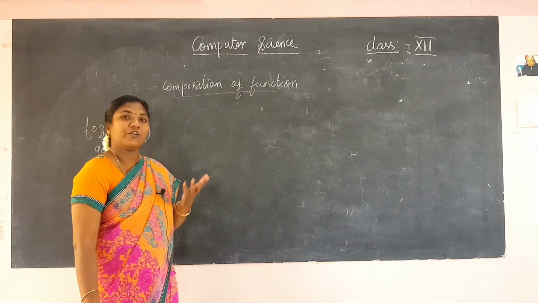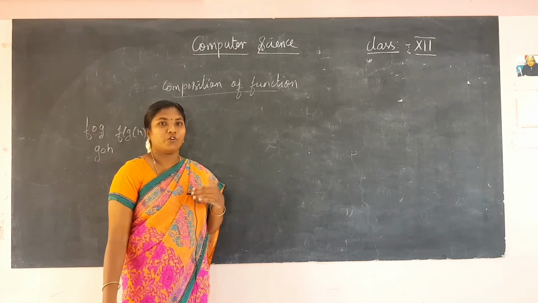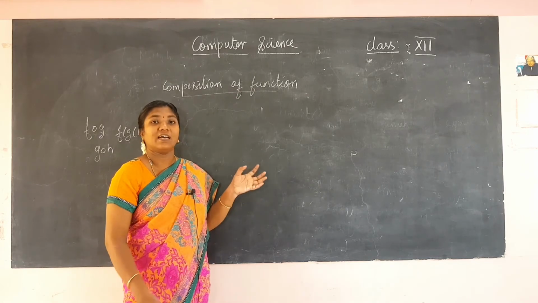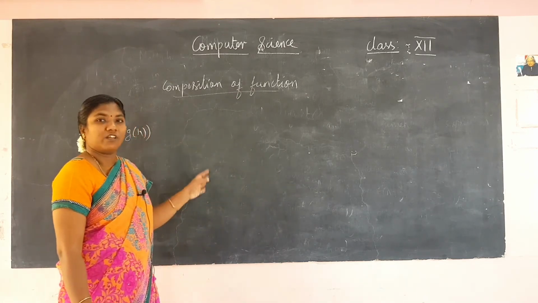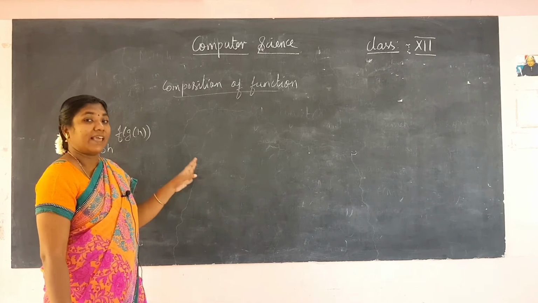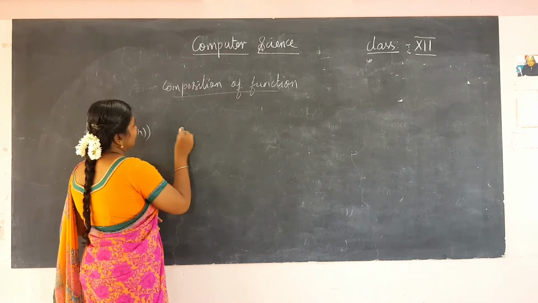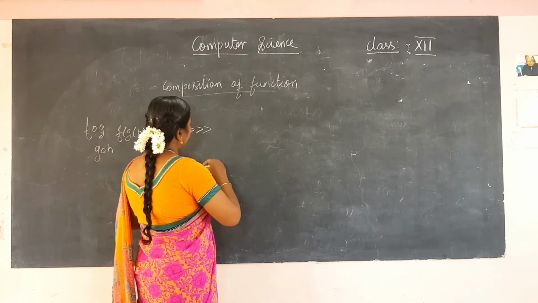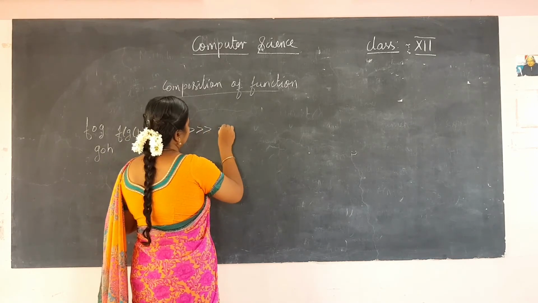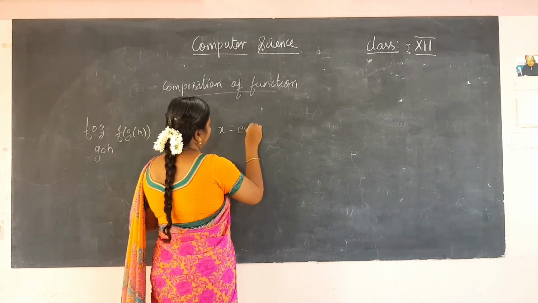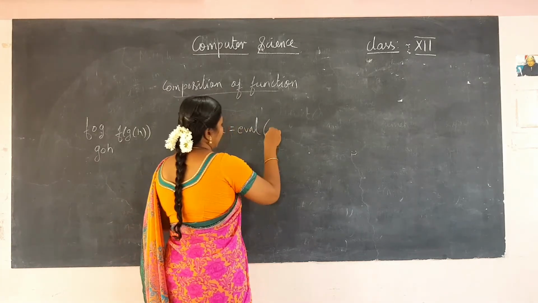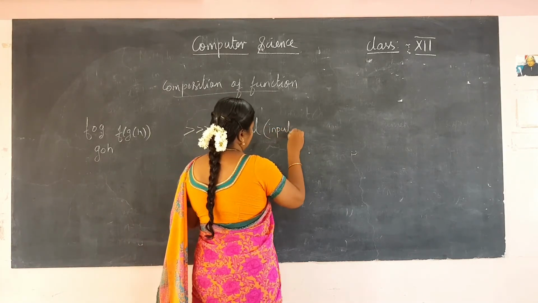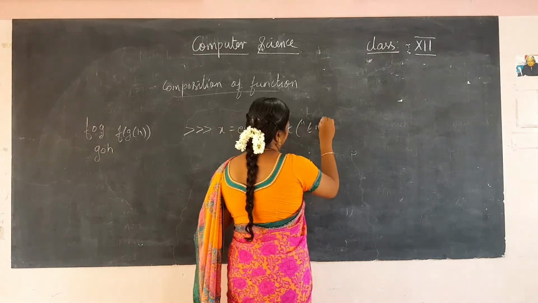If you are going to get a value in run mode, you will be using the input function, isn't it? So here we will have the eval function. Let us see. In the Python prompt, if you give x is equal to eval of input, enter a number.